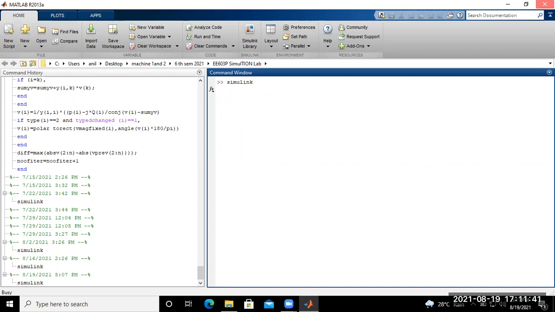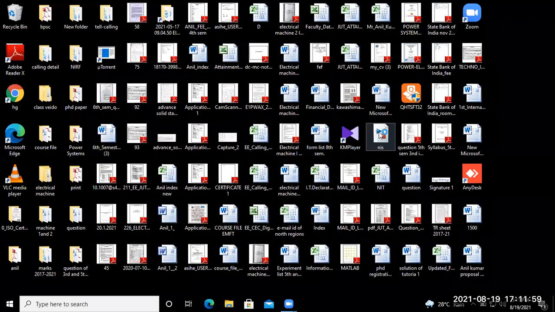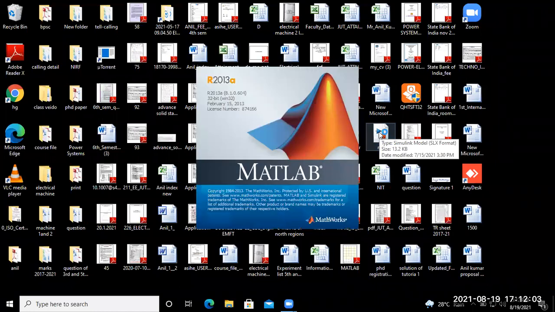We just try to open the new model here. We just close this one and it's a lot of time for opening the MATLAB.